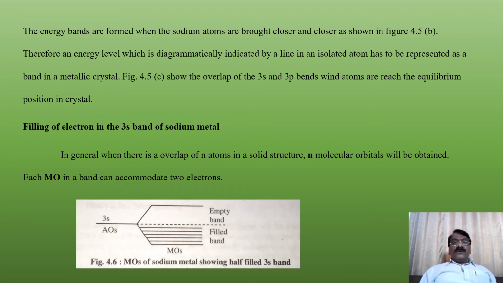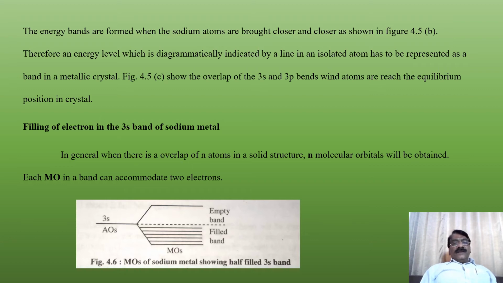The figure shows the overlap of 3s and 3p bands when atomic orbitals reach the equilibrium position in the crystal. Now we are going to see the formation of these energy bands and how they are occupied by the electrons, that is, the filling of electrons in the 3s band of sodium metal.